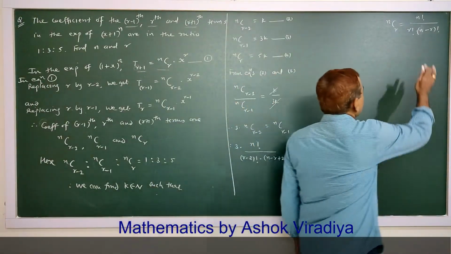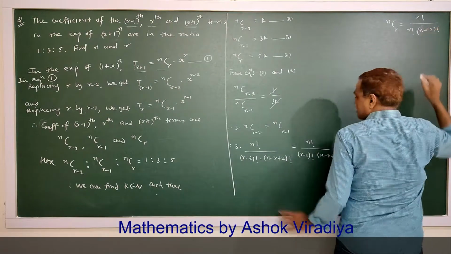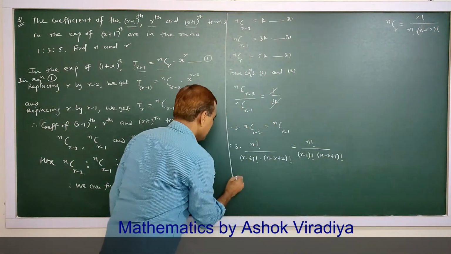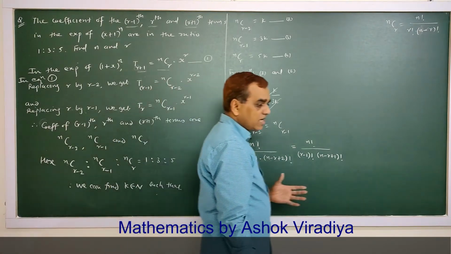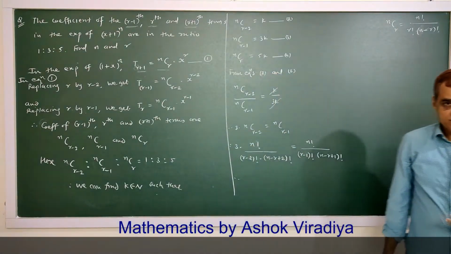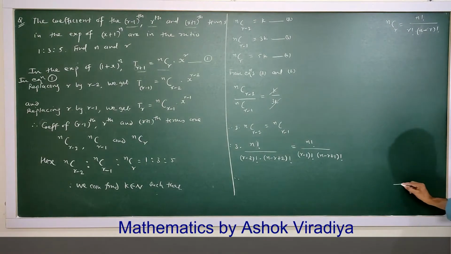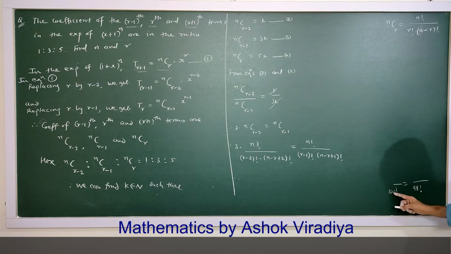Now we simplify this equation. When simplifying equations in the last chapter, permutation and combination, whenever we have, suppose on one side 100 factorial and on the other side 98 factorial, whatever is the greater factorial can be converted into the smaller.